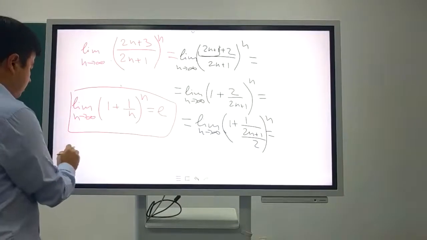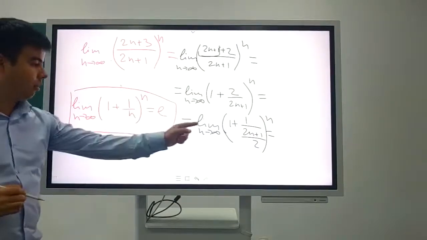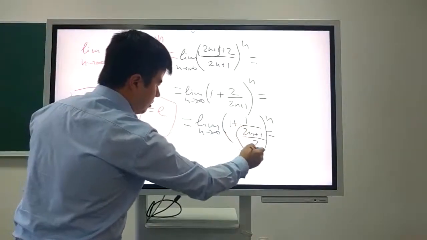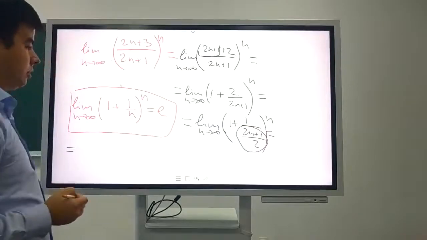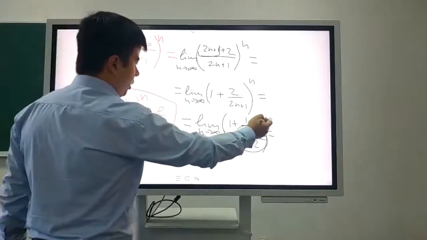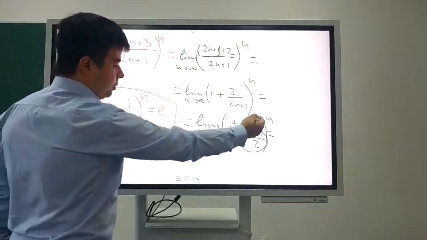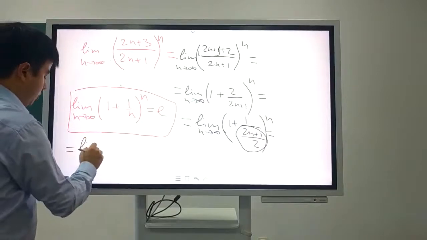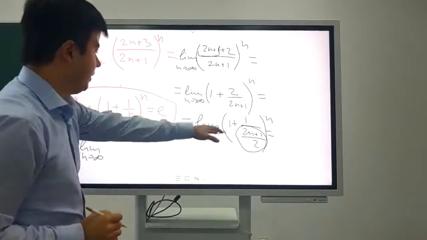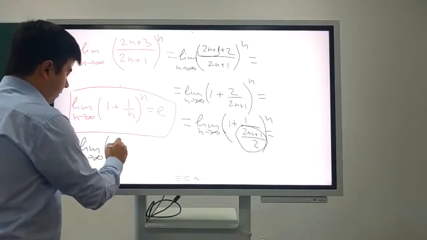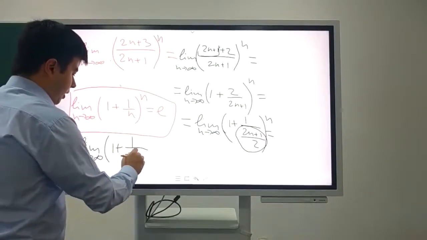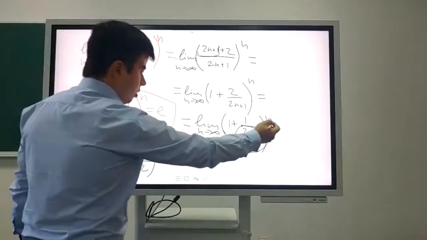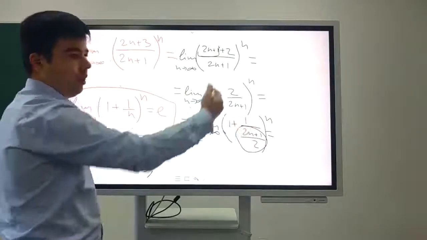Now we have this form. This is our s n in this case. But the power is another one. It should be equal to this denominator. That's why, to use this formula, we need to do an operation like this: in the power, multiply by 2n plus 1 over 2 and divide by it.